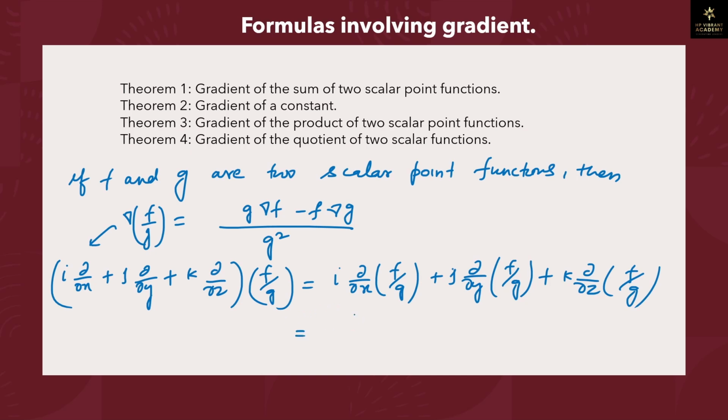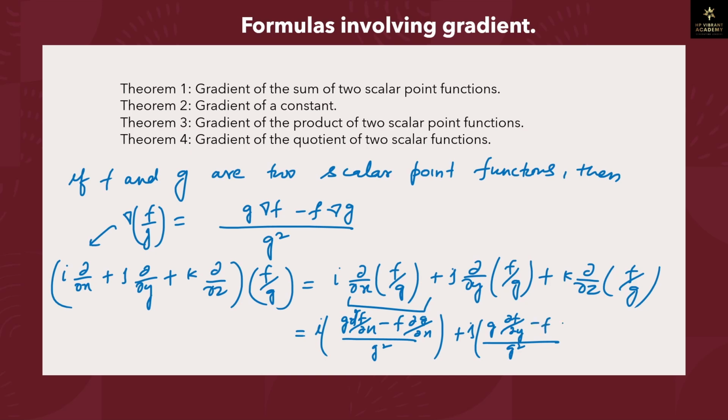This is equal to (g del f upon del x minus f del g upon del x) upon g square, times i, plus j times (g del f upon del y minus f del g upon del y) upon g square.